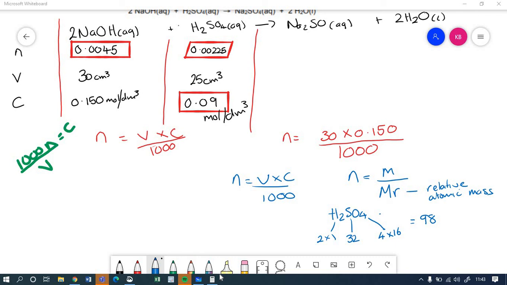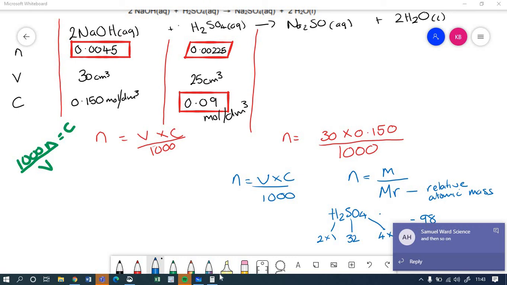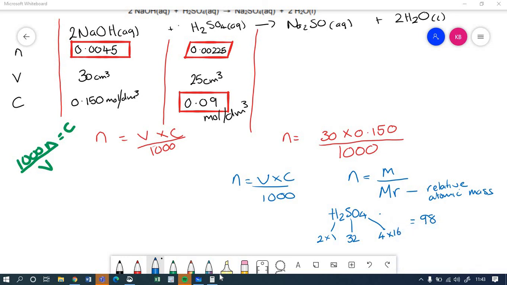But if we know that the number of moles is equal to the mass divided by the Mr, to work out the mass, you've got to times the number of moles by the Mr. So if we take this value, which is the number of moles, and times it by the Mr, we get the grams per decimetre cubed.